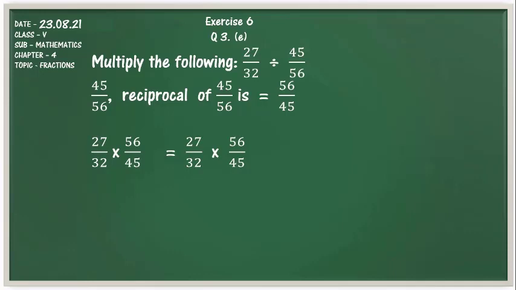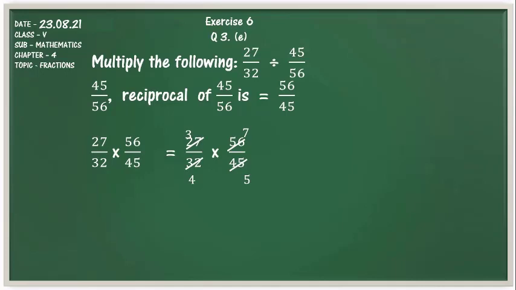So here I have divided 27 and 45 by the table of 9. So 27 divided by 9 gave us 3 and 45 divided by 9 gave us 5. Now to divide 32 and 56, I divided them by the table of 8. So 32 divided by 8 gave us 4 and 56 divided by 8 gave us 7. Now 3 and 7 are left as the numerators and 4 and 5 are left as the denominators.